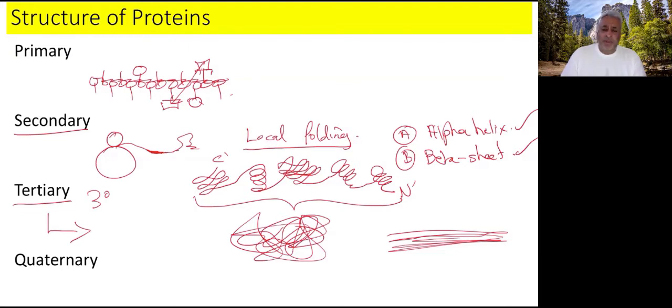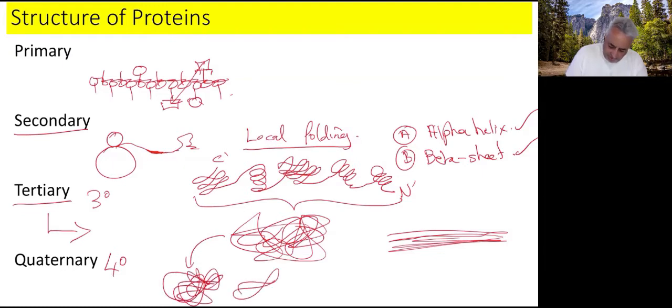And that's where the term quaternary comes in, the fourth level. That only applies to these proteins that need partners, right? So this blob here could require two blobs of the same type to connect together somehow magnetically for it to become the protein.